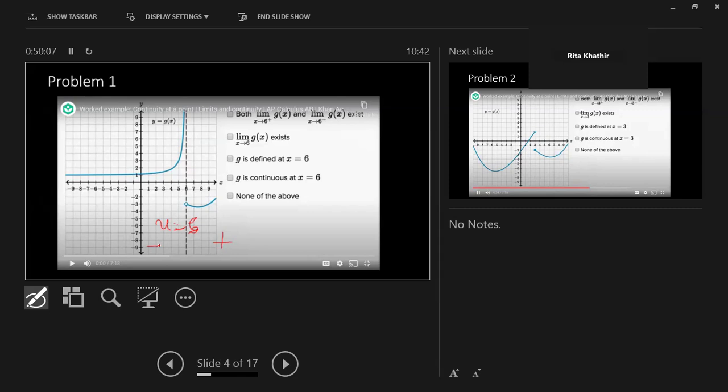So here, limit x approaches 6 from the right hand side of the function g of x, and limit x approaches 6 from the left hand side of the function g of x exists. Is that exists, according to your knowledge?